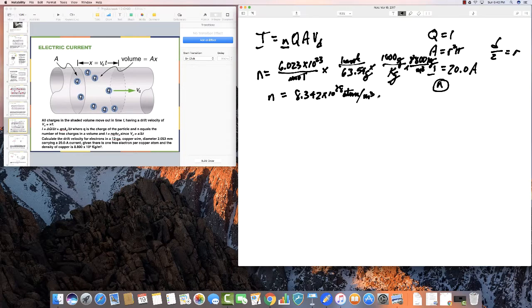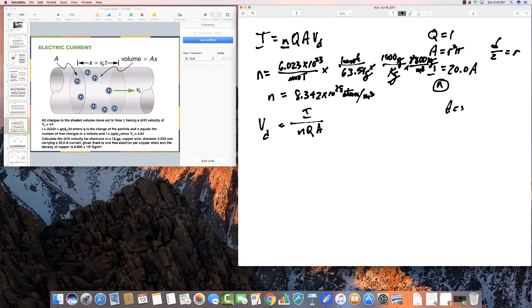Now we can put this number with the rest of these. First, let's solve for v_d. v_d is going to equal I divided by nQA. Let's calculate A here.